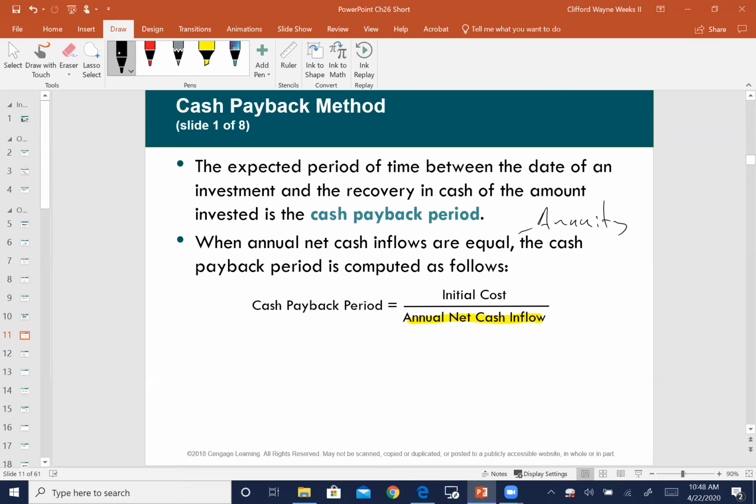It's really easy. We just have whatever it cost us, that's the cash outflow, divided by the net, and the net means we're going to take the inflows and subtract the outflows.